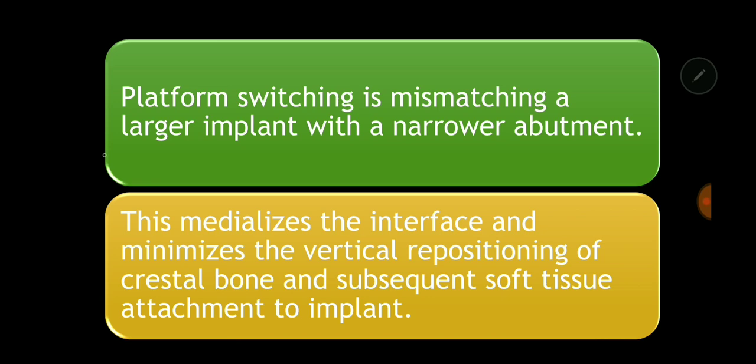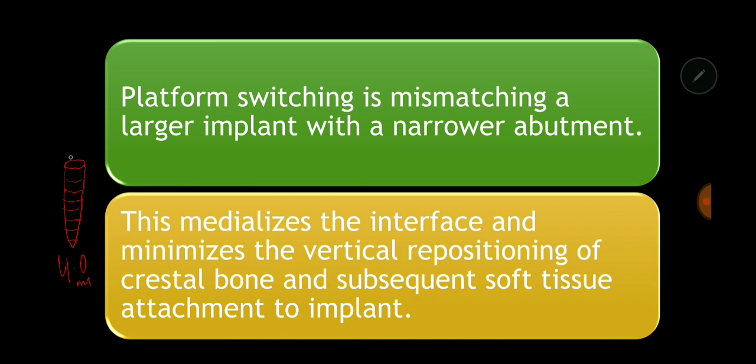So, if you have an implant here, okay, let's say you have an implant and you're going to put an abutment. So, if your implant was a 4 millimeter implant, then you're going to mismatch the abutment, so you're going to put a narrow abutment.